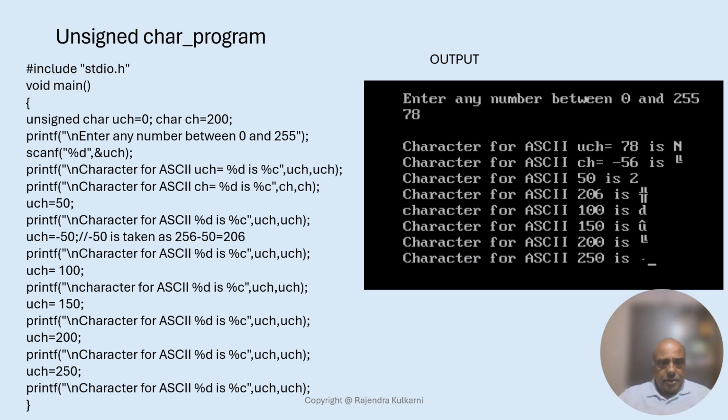UCH has been assigned the value 50, and 50 is the ASCII code for digit 2. In this way, all the characters and the assigned values or the ASCII codes of them will be outputted in this program.